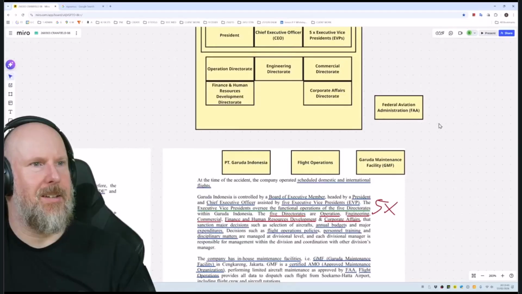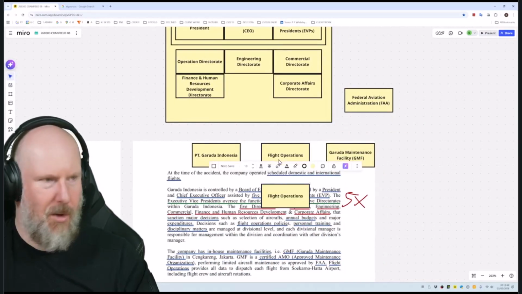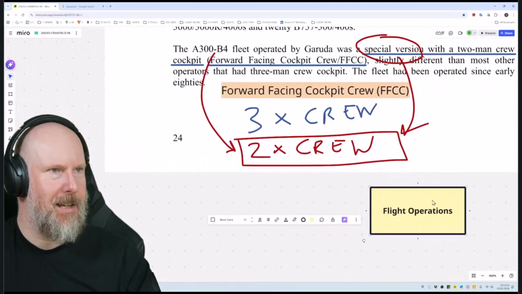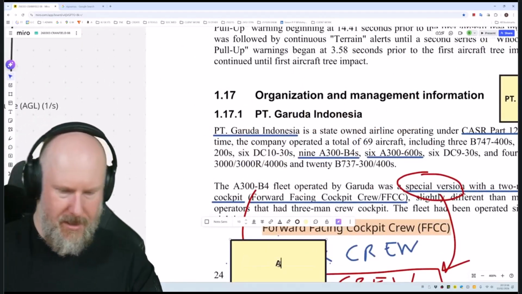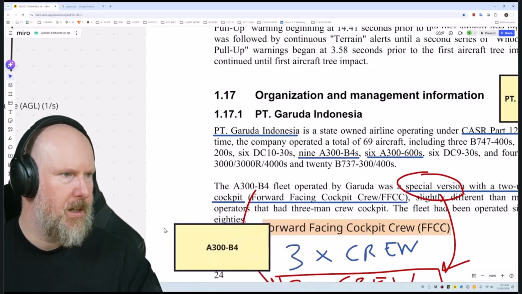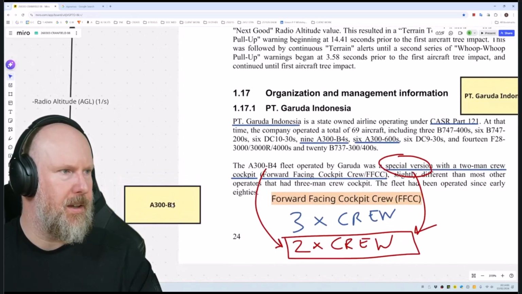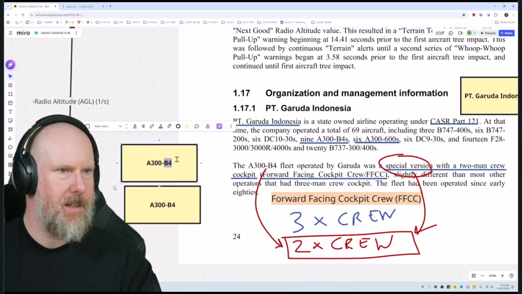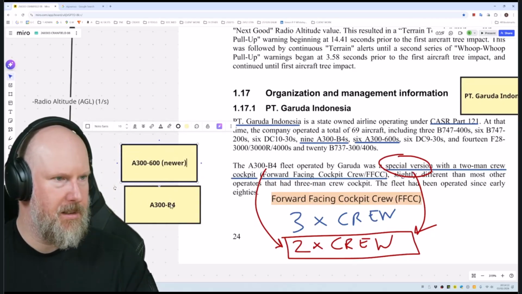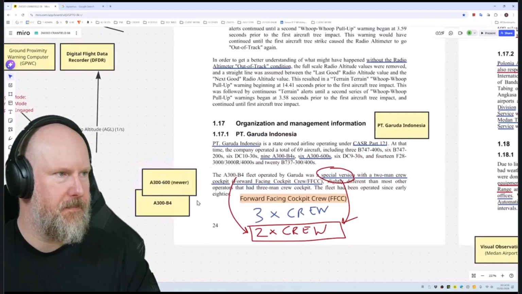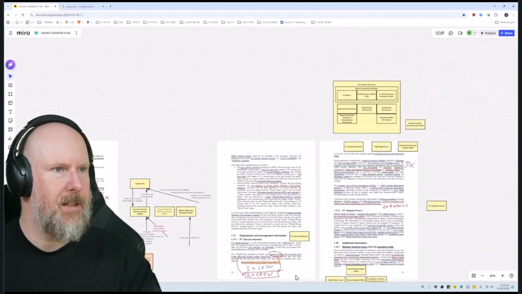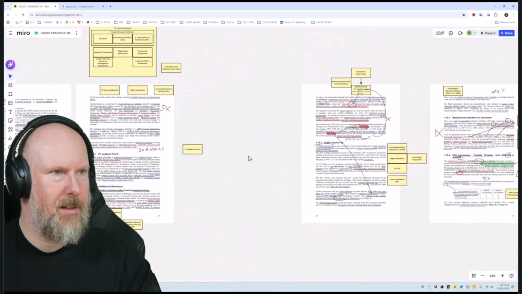So let's just have a look then. Shall I quickly knock one up? Should we do it now? Yeah, why not? Let's do it now. So we've got an A300-B4, and we've got some A300-600s, and they're the newer sort of design, if you like. So there we go, you've got 2 aircraft.